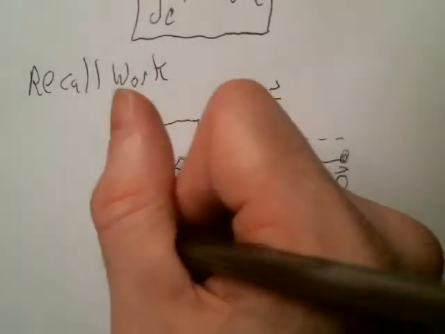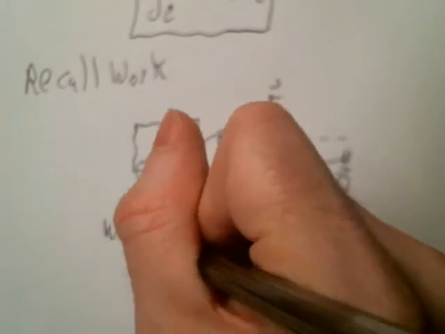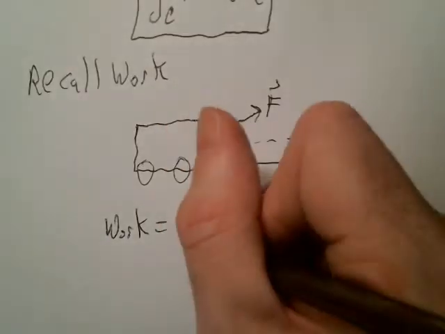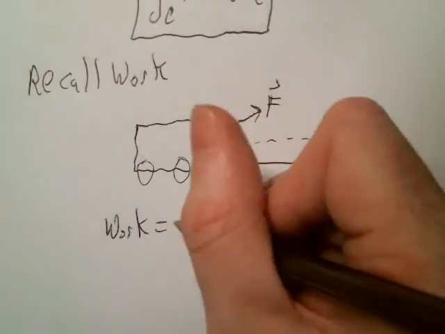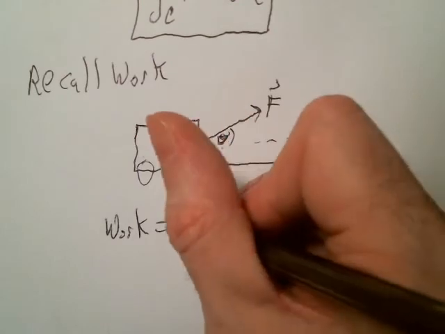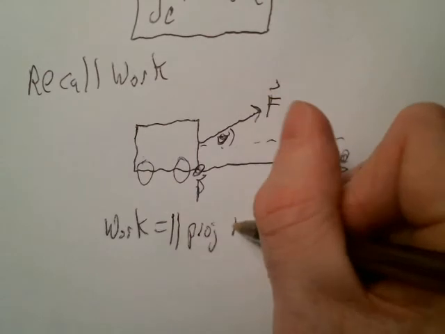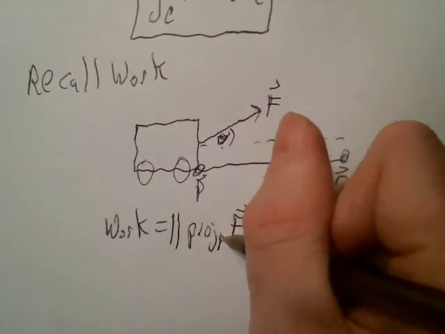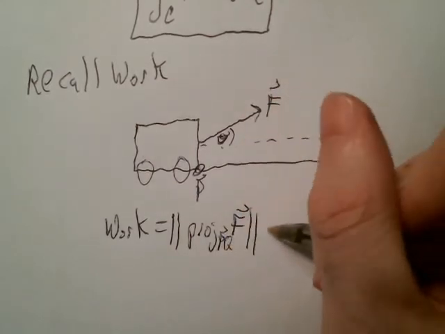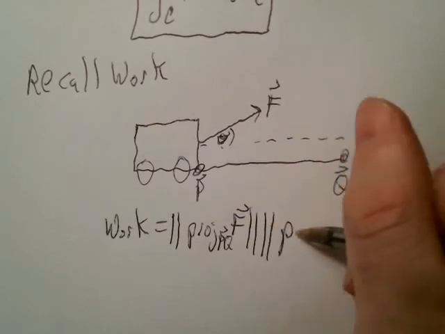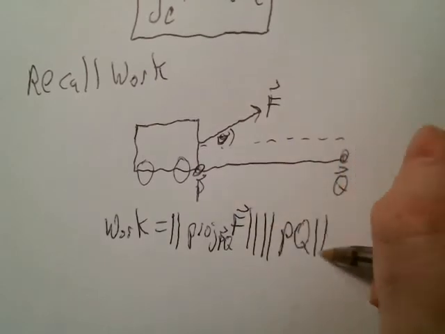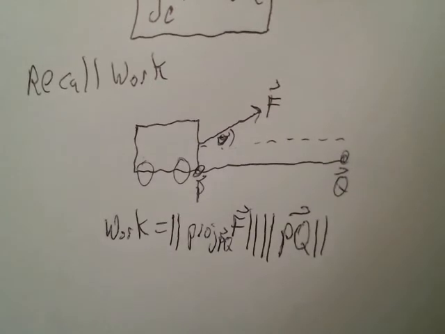So anyways, the work is equal to the magnitude of the force in the direction of travel, which will basically be, I guess, the magnitude of the projection of the force vector onto the PQ vector times the distance traveled, which would just be the magnitude of the PQ vector.